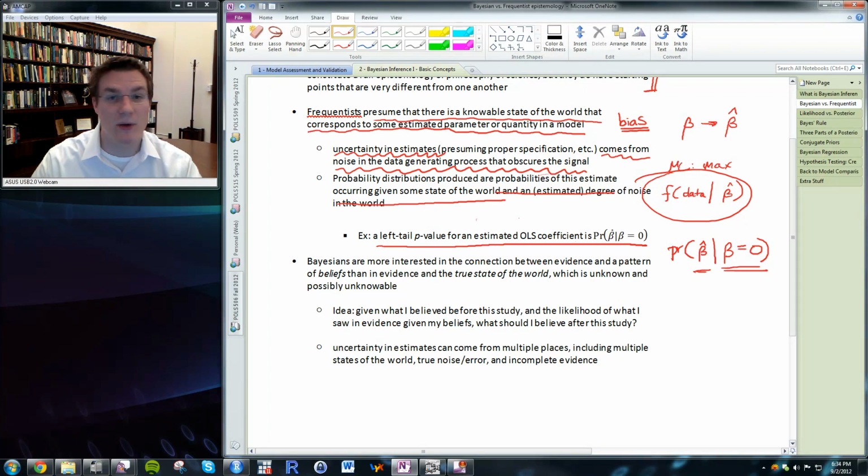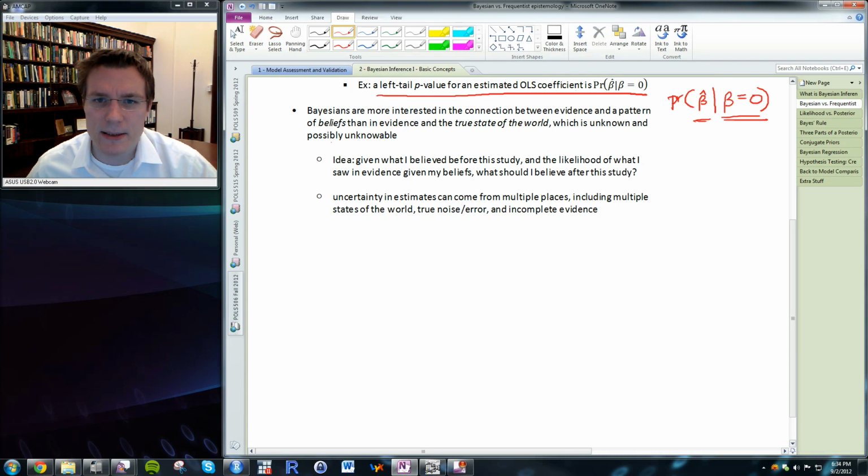Nevertheless, this is what you get out of a frequentist analysis. What you get is a function or probabilities that estimates occur, that data sets occur, or that estimates from those data sets occur given a state of the world. And then that's the information you have to draw on when you're coming to some kind of conclusion from a theoretical or scientific perspective.